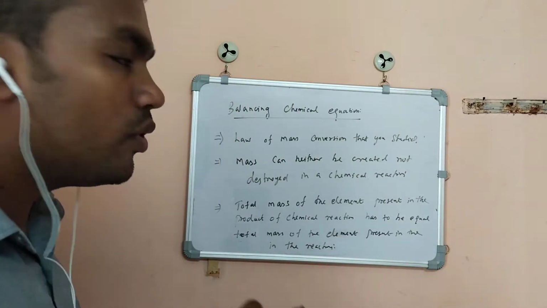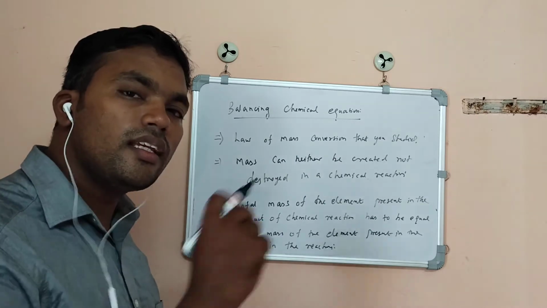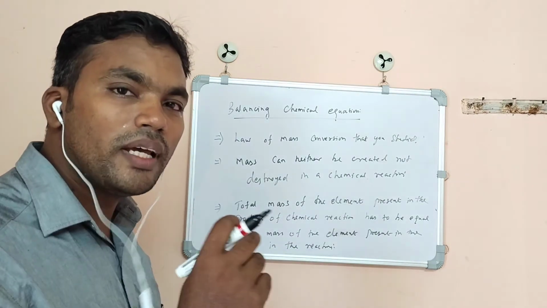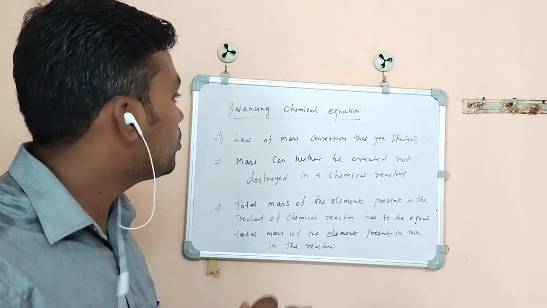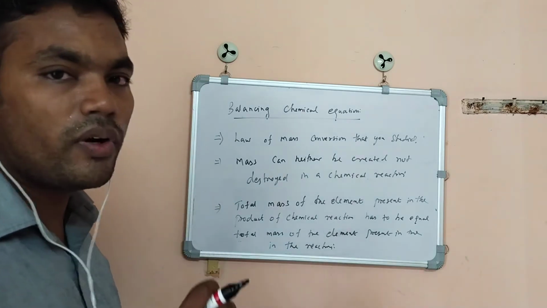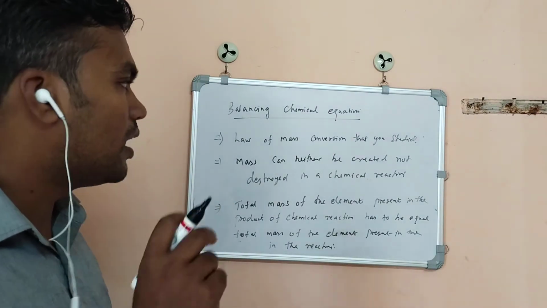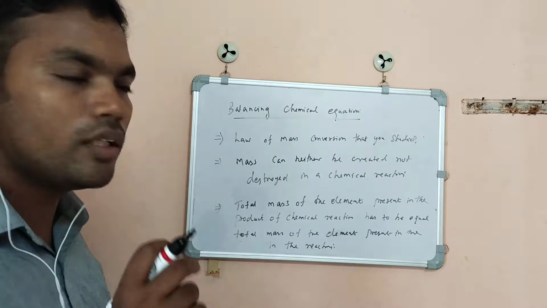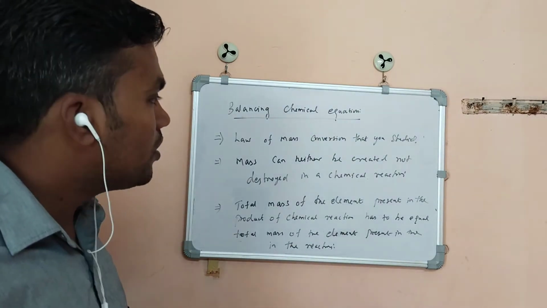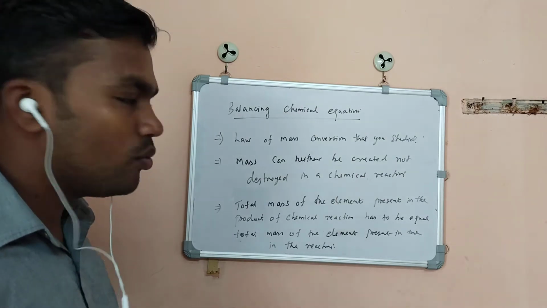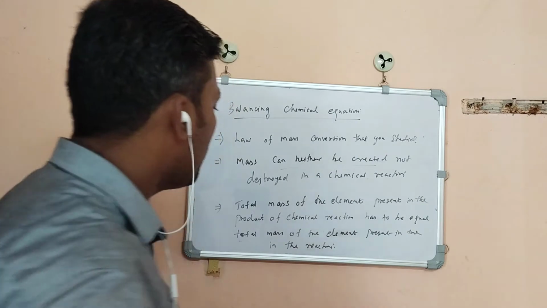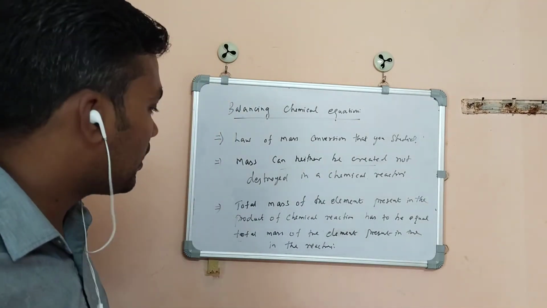Before you balance any chemical reaction, you need to remember these three points in your mind. First, recall the law of conservation of mass that you studied. Second, mass can neither be created nor destroyed in a chemical reaction.